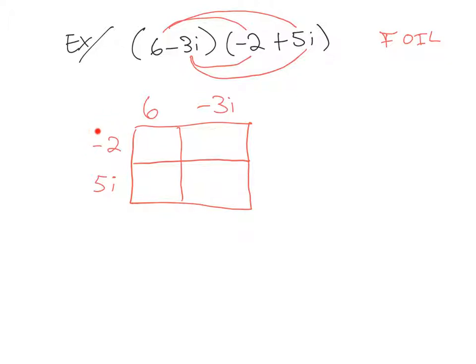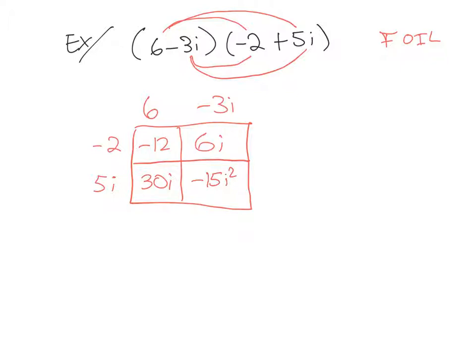So we end up with -2 times 6, which is -12. Then -2 times -3i gives us 6i. Then 5i times 6 is 30i. And then -3i times 5i gives us -15i squared.